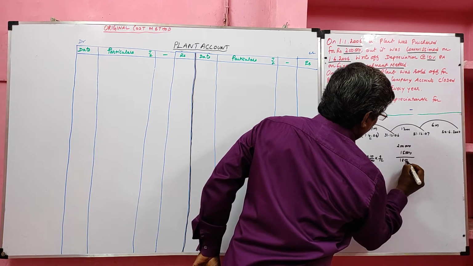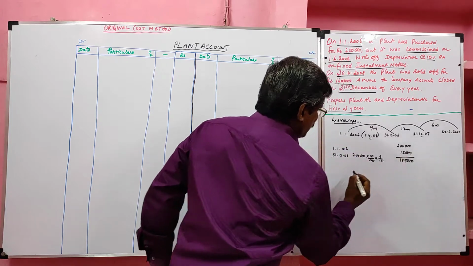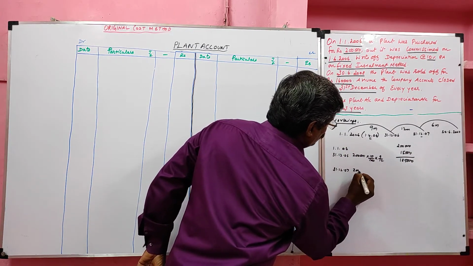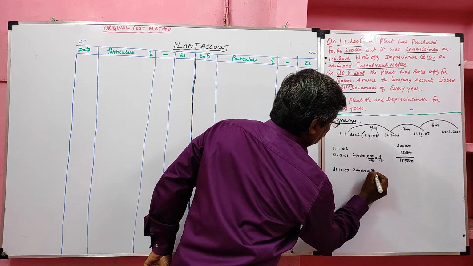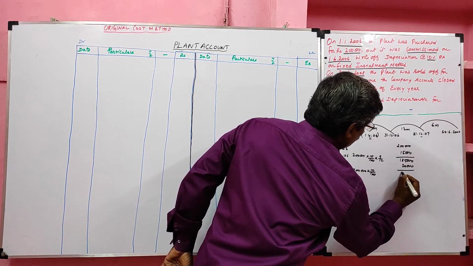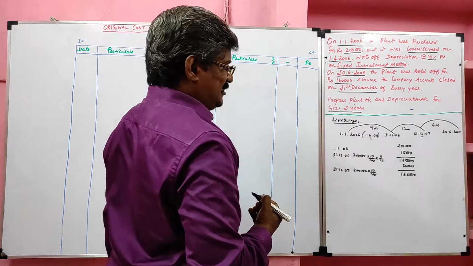So our book value at the end of first year is 1,85,000. Then second year ends on 31st December 2007. Here we used 12 months, so we can provide full depreciation 20,000. So at the end of second year, the book value is 1,65,000.